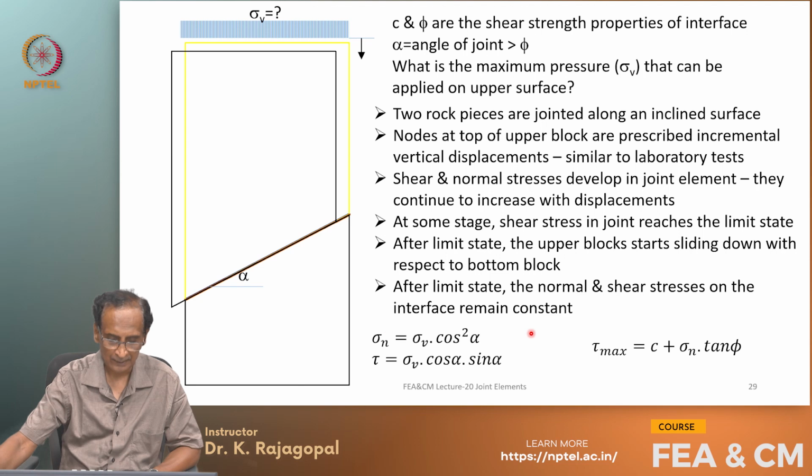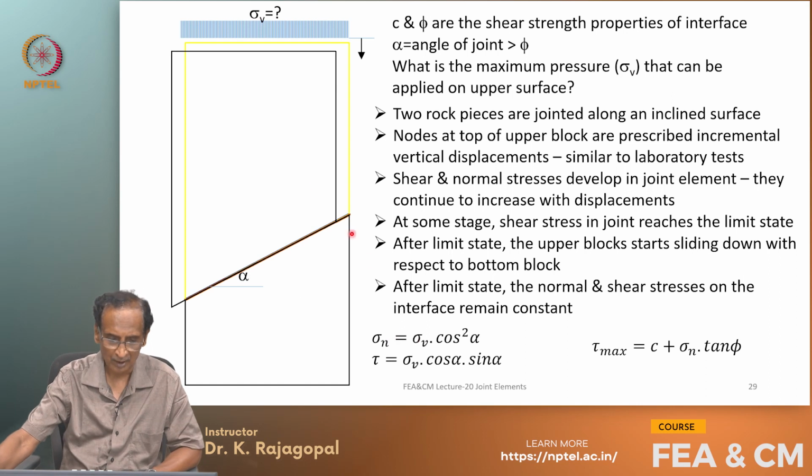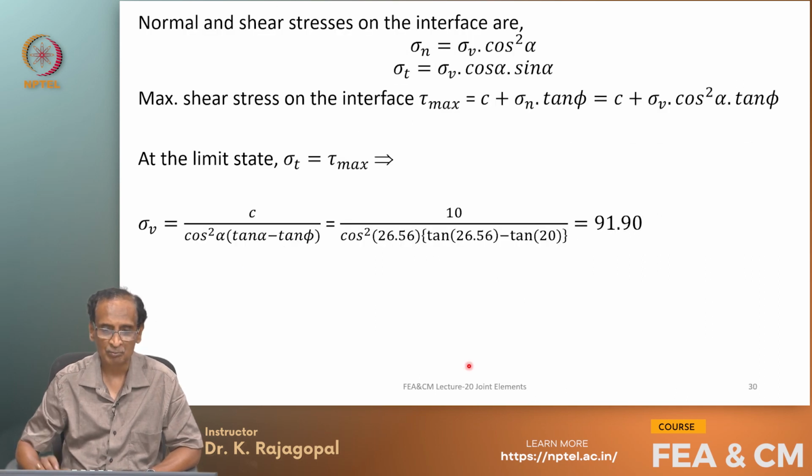And if you apply that, you can easily derive that the normal stress on the interface is sigma v times cosine square alpha, and the shear stress is sigma v times cosine alpha sin alpha, right.